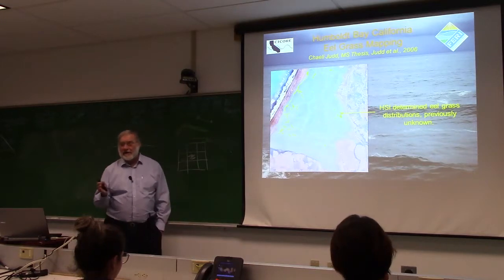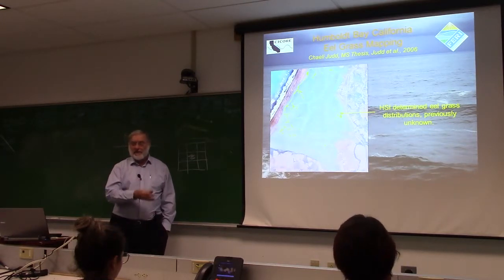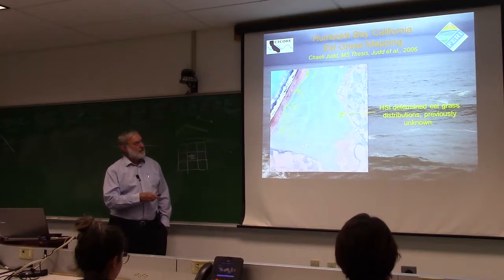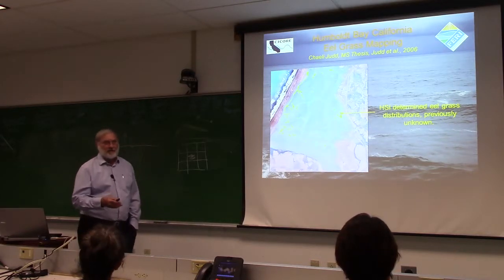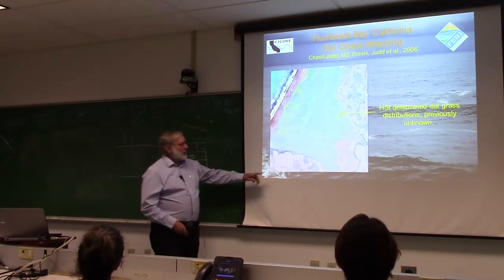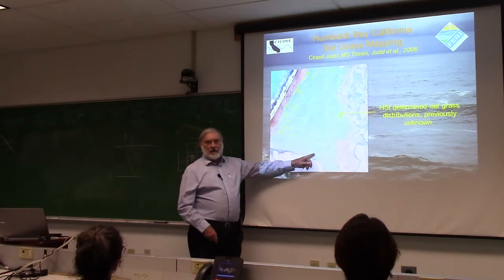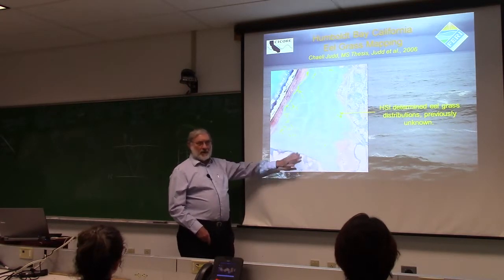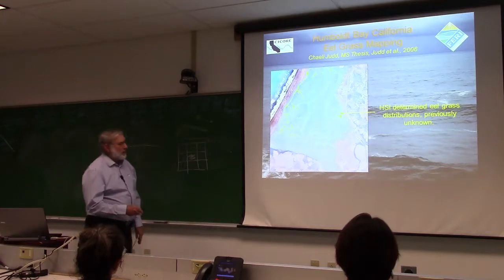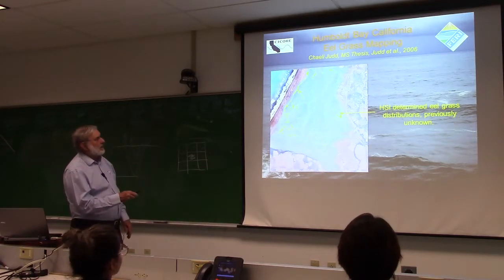Nobody had any idea that there was even any eelgrass in the bay, let alone have a map of it. So another nice application of what you can do if you have meter scale resolution for mapping things like this. And this whole scale here is like a couple of kilometers by 3 or so, I think it was.